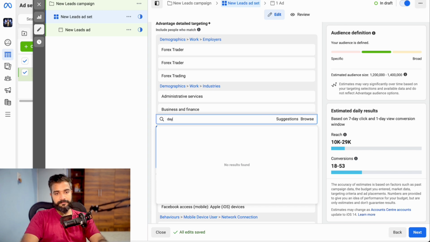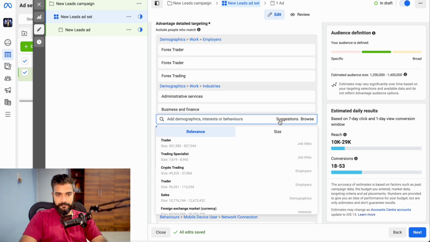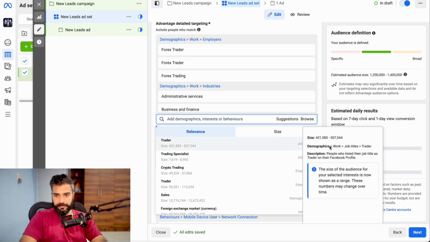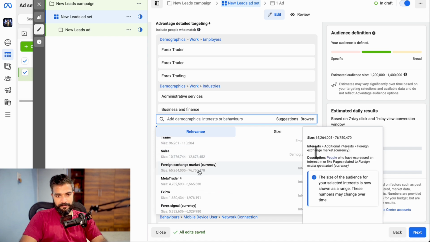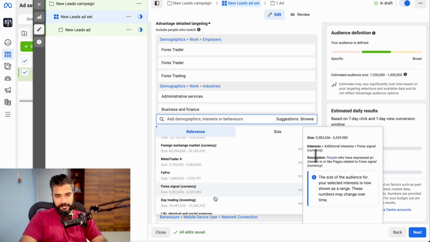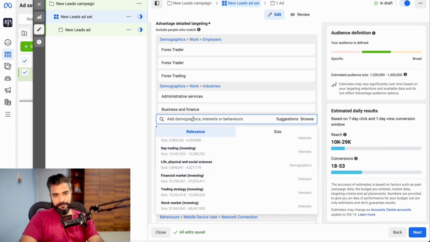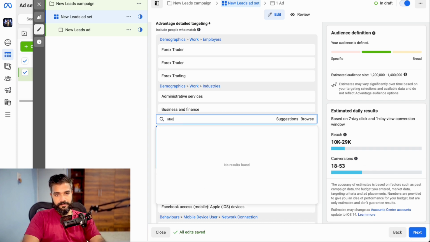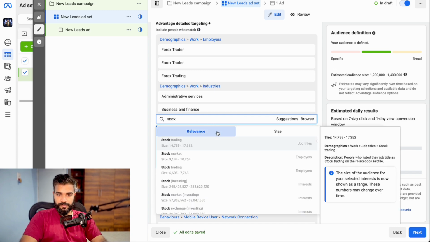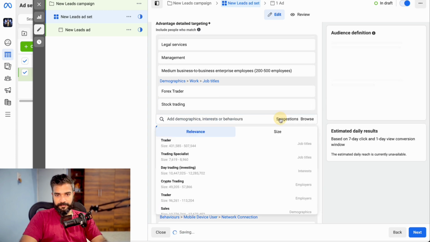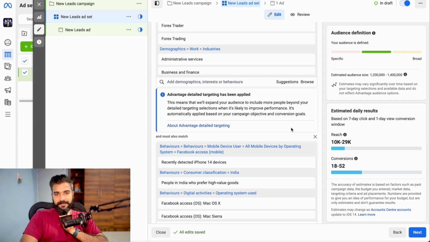No? Trader, I won't exactly call everybody trader. Foreign exchange currency. Day trading is interest. Again, stock trading as job title. This is good. There we go. This is a fantastic audience.